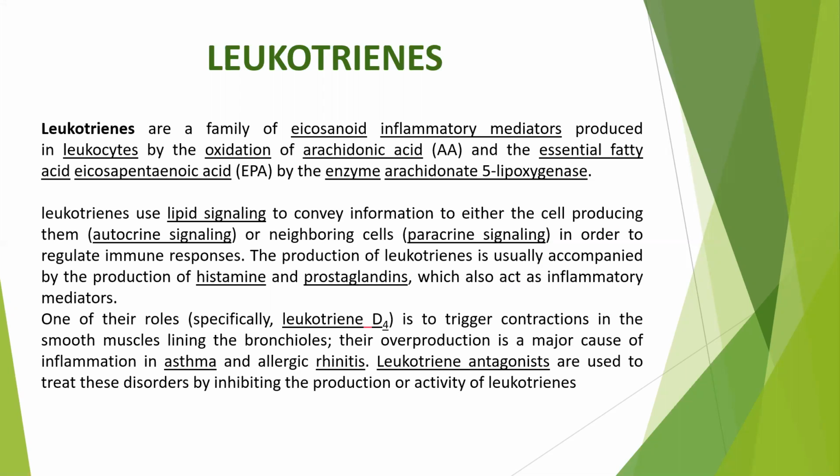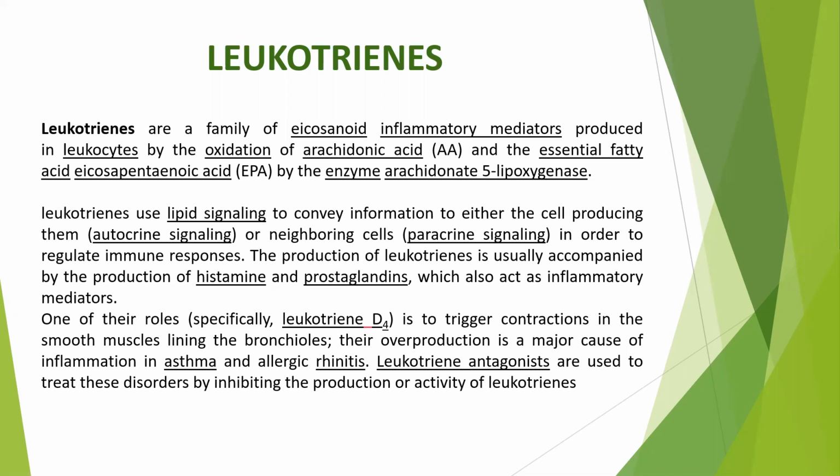Leukotrienes use lipid signaling to convey information to either the cell producing them, autocrine signaling, or neighboring cells, paracrine signaling, in order to regulate immune responses.